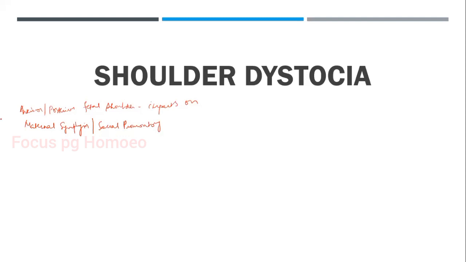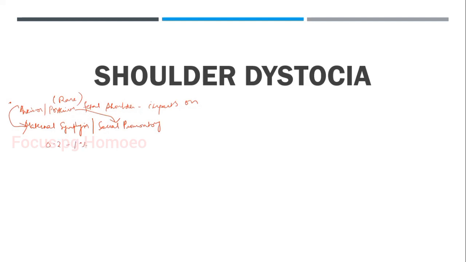If it is the anterior shoulder, it impacts on the maternal symphysis. If it is the posterior shoulder, it impacts on the sacral promontory, but posterior is actually rare. The incidence is about 0.2 to 1%.